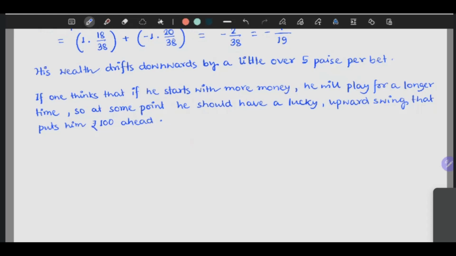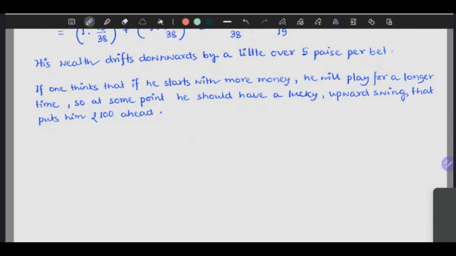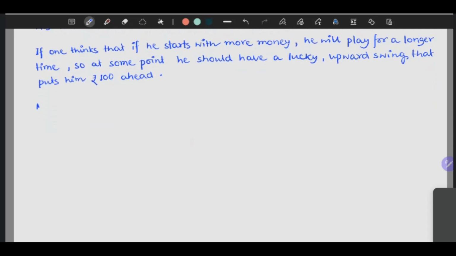but the main problem is that his total money is constantly going downwards. So the main problem is that his wealth is steadily drifting downward.